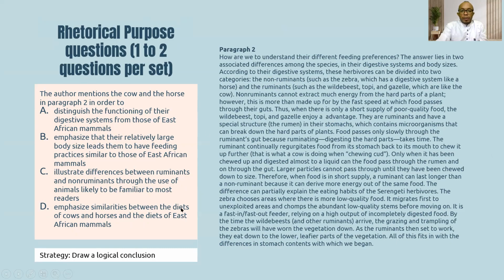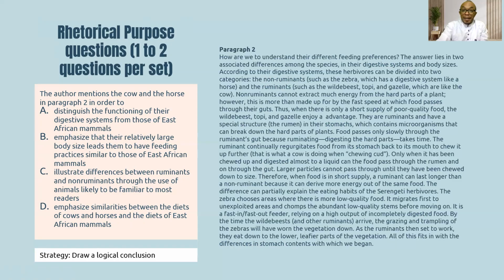Okay, so what you need to do, find these words, scan for the words cow and horse, and then skim the context or the surrounding sentences to try to draw a logical conclusion why the author mentions or provides the information. Okay, go ahead and answer the question.